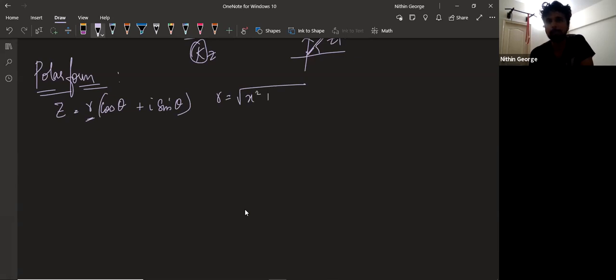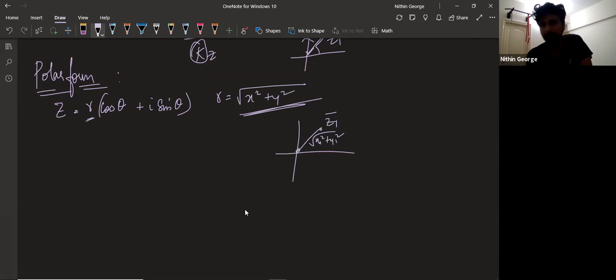It's nothing but the square root of x square plus y square. That you remember, right? The distance from the origin to the point z is the square root of x1 square plus y1 square. That is the same thing I mean by R here. The polar form is basically represented for a circle.